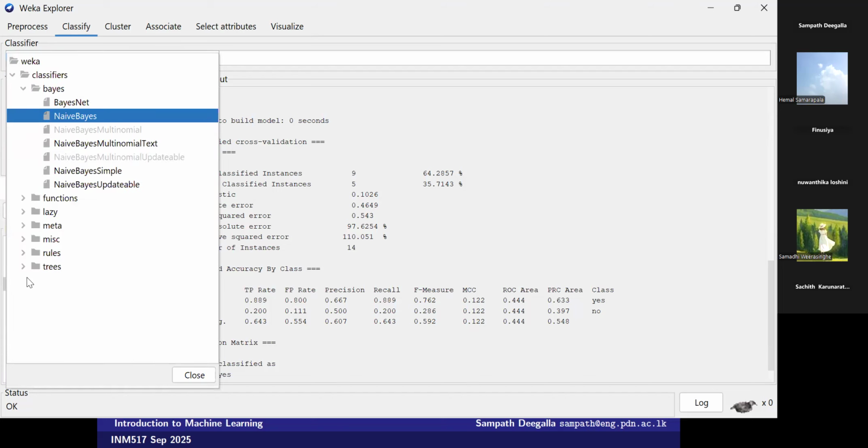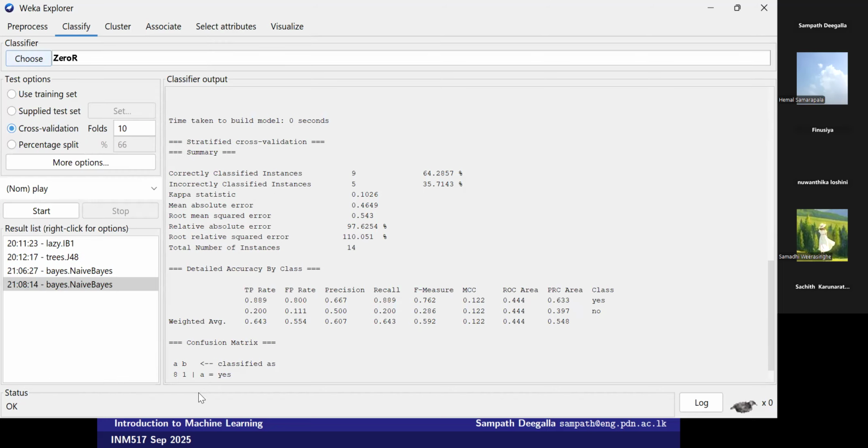Let me see. We can start with the very simple one. Let me take, for example, 0R. So what is 0R? We know that we get the majority. So I'm going to show you with the test options.